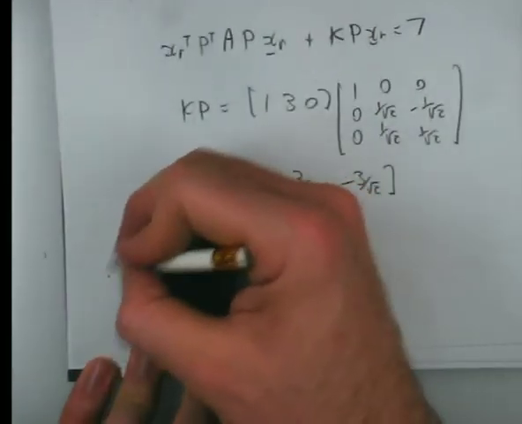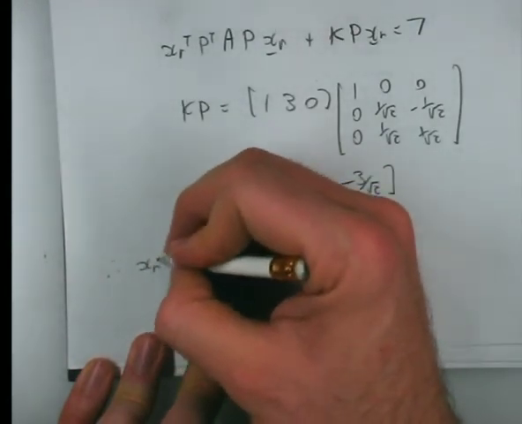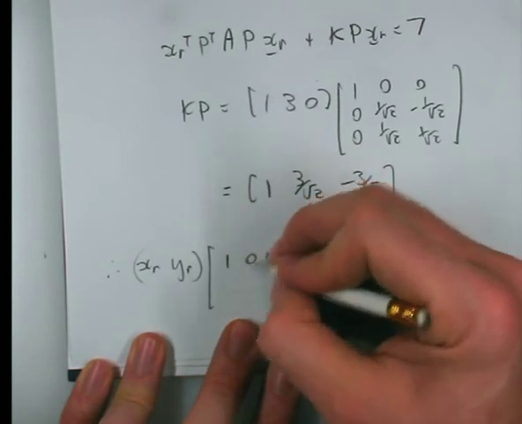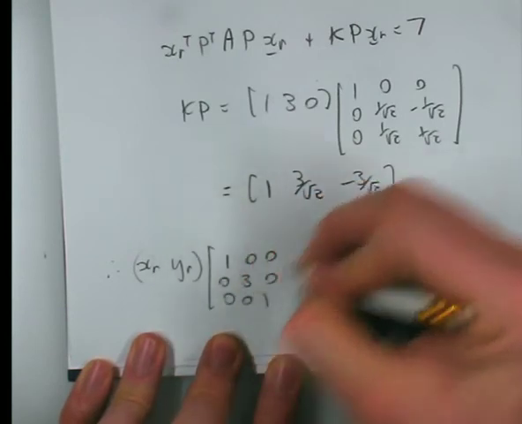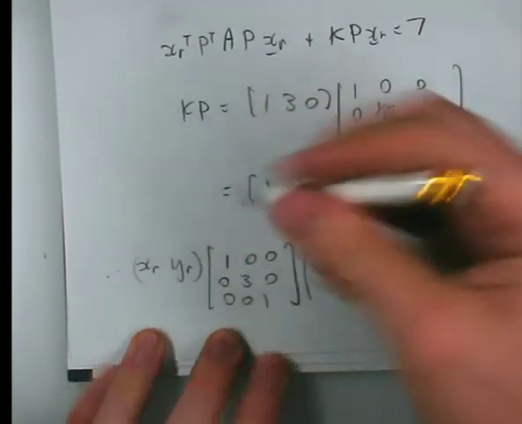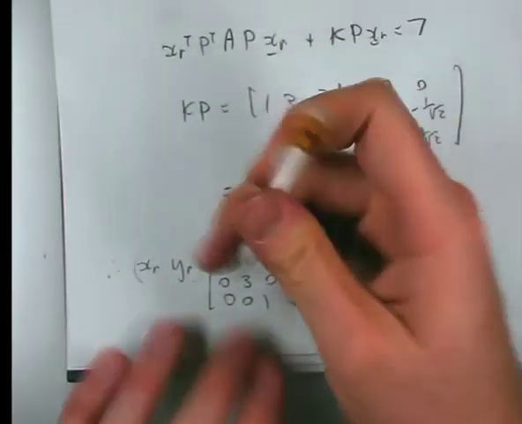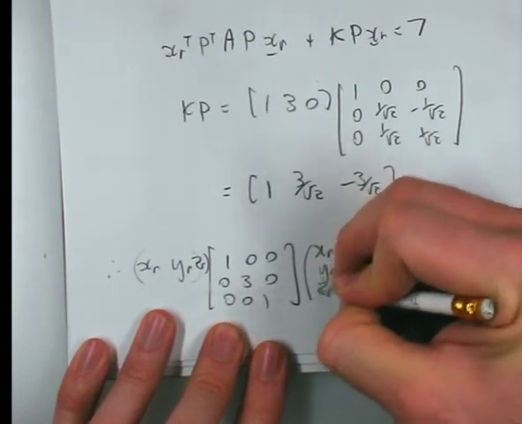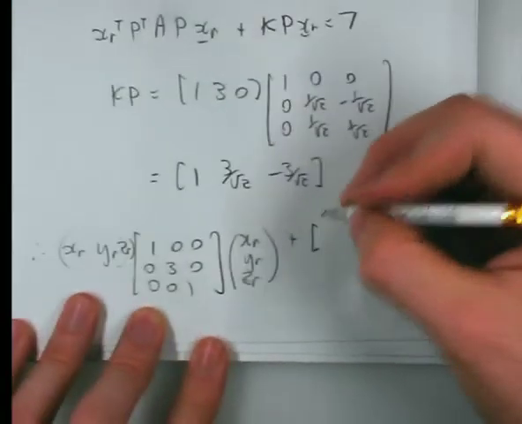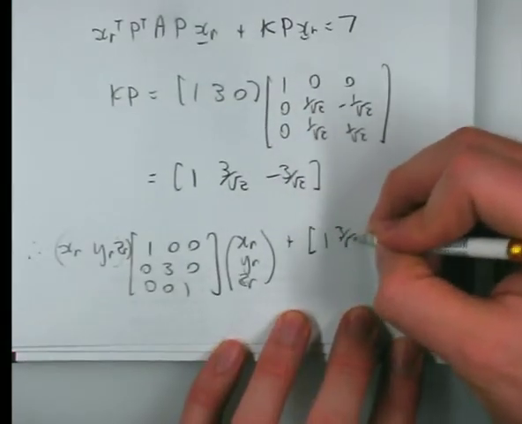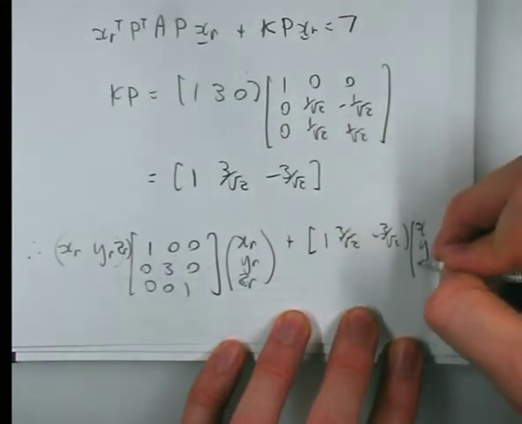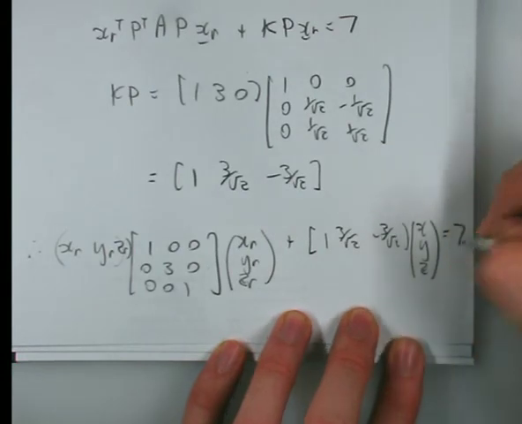And so therefore I've got XR, YR, ZR times my D, plus this new KP times XYZ, and the 7 is still equal to 7.